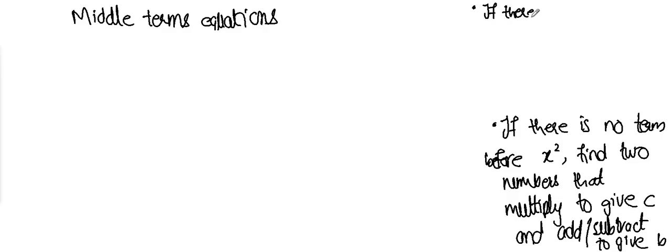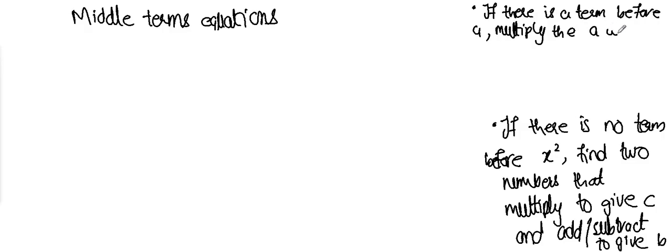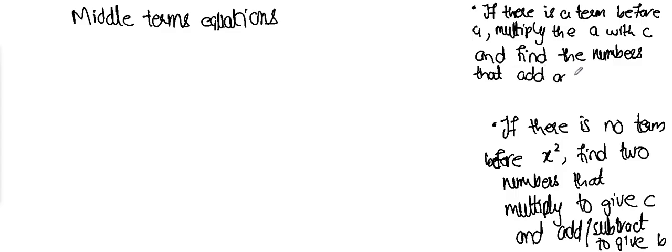If there is a term before a, multiply the a with c and find the numbers that add or subtract to give b.